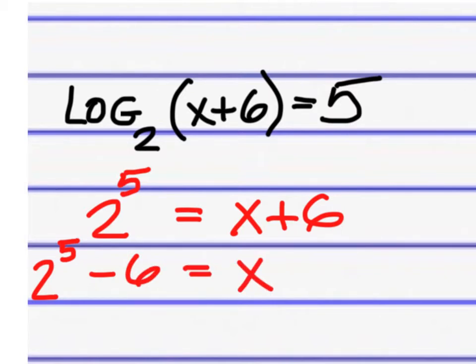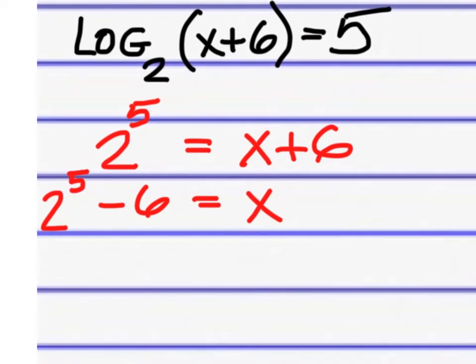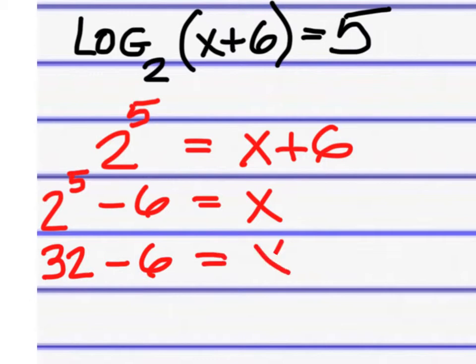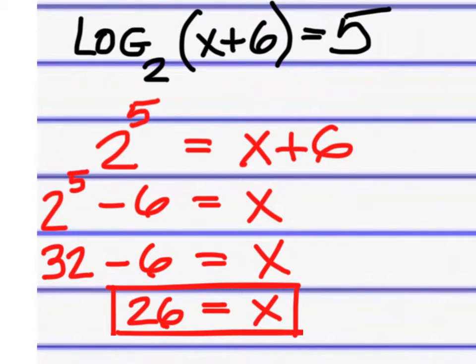Change the operation. 2 to the 5th power is 32. If I take away 6, I get 26. 2 to the 5th power equals x plus 6. Move this 6 to the left, change the sign, simplify 2 to the 5th to get 32. 32 minus 6 is x. That's going to be 26.